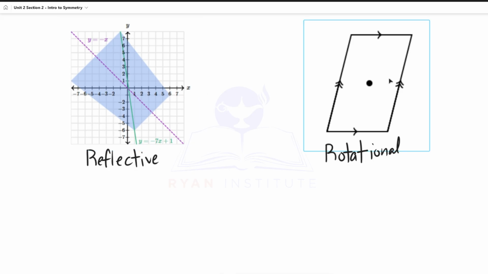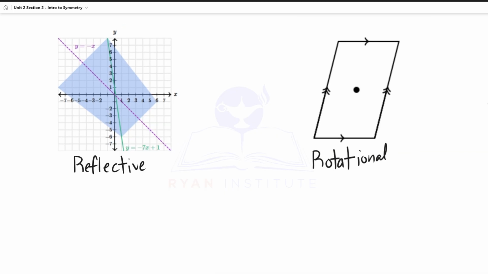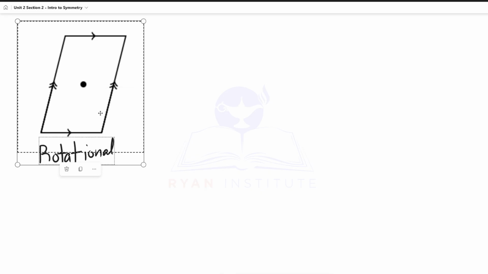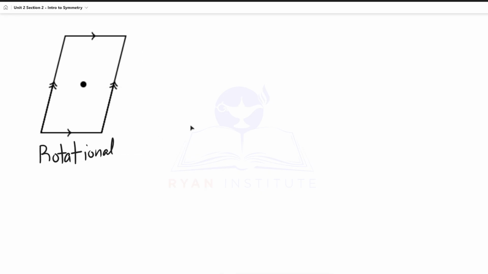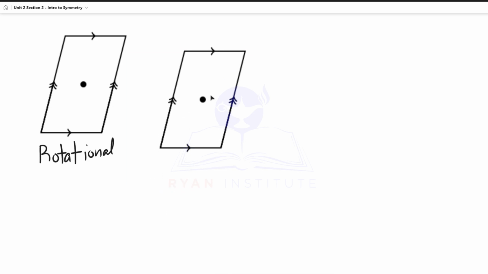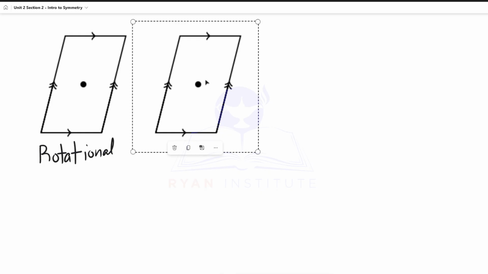I'm going to take a duplicate version of this. We're going to copy. All right, so here I have a copy of this shape.